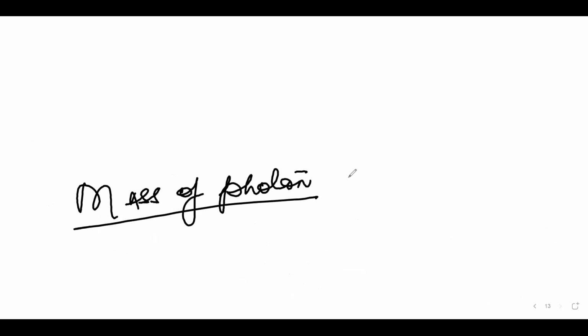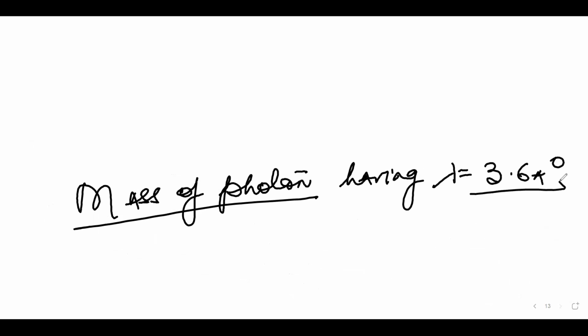moving with a having a wavelength of 3.6 angstroms. Calculate the mass of a photon having a wavelength of 3.6 angstroms.